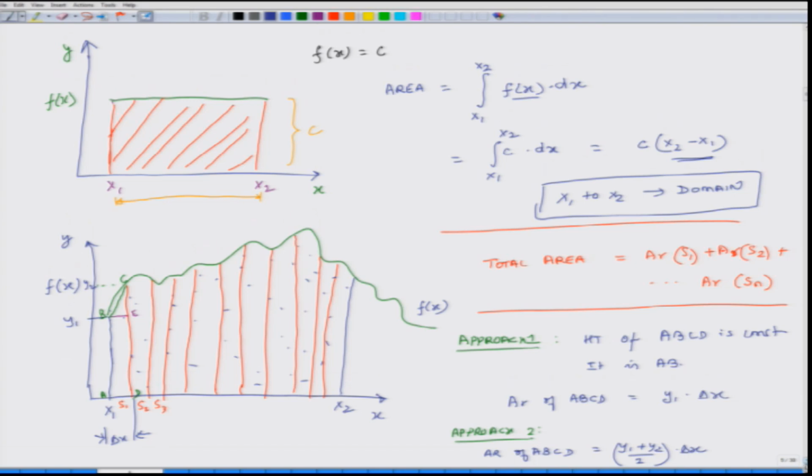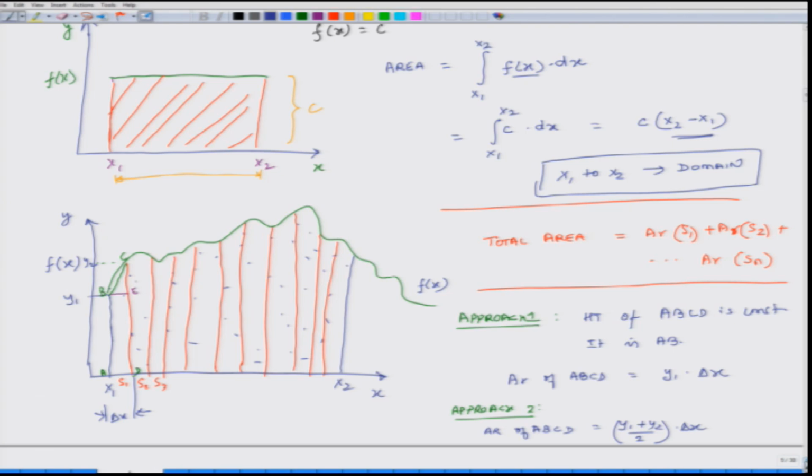And I can have a third approach. In the third approach, this transition of height between B and C, see right now in approach 2, the transition of height between B and C is linear. I will say it is not linear, but it is some quadratic in nature.